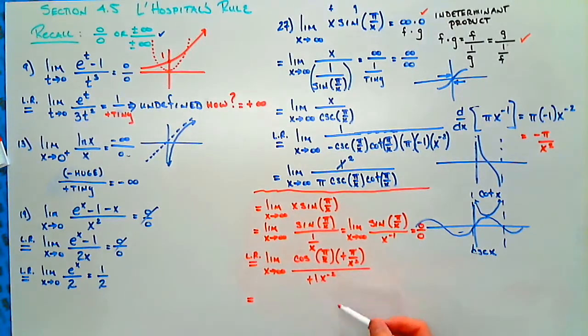We have an x to the negative 2. So when I rewrite the limit, I can write that as an x squared in the numerator. Now I still have a factor of cosine pi over x, and I still have pi times, well, look at that, x squared. Well, this x squared cancels this x squared.